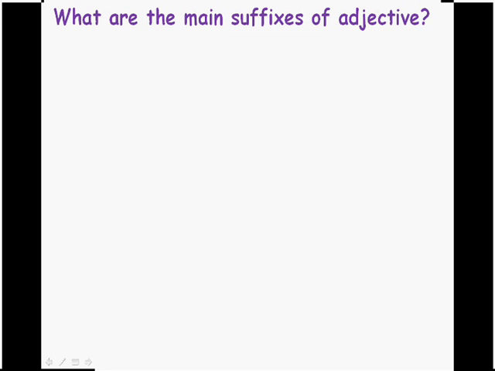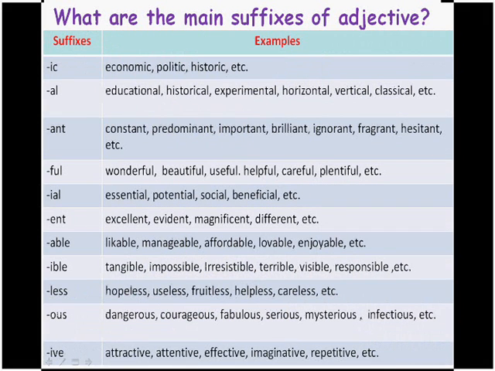What are the main suffixes of adjectives? Okay. So we have the suffixes IC, like economic, politic, historic. So this means that this word is an adjective. Economic, politic, historic.